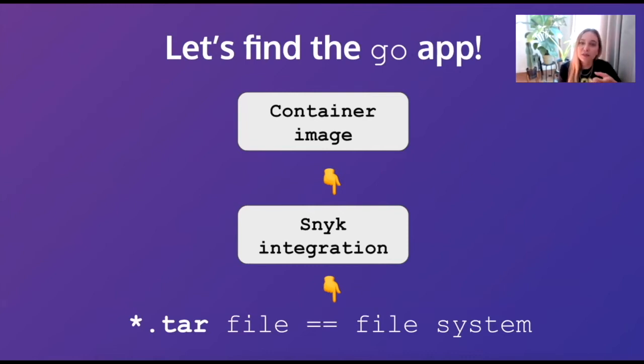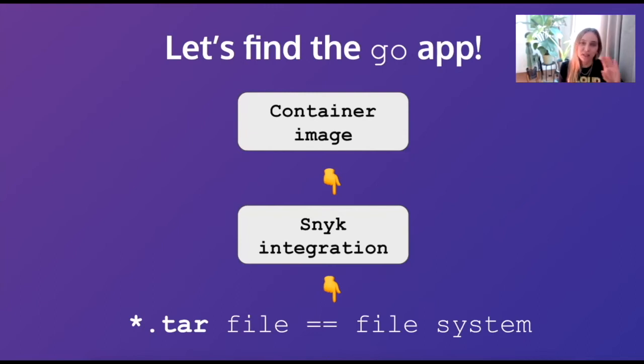I would like to briefly talk about how we actually scan the image. We're touching here on the core of the container scanning in Snyk, which is actually my team's responsibility now. So you have a container image. Maybe it's in your private container registry, maybe it's in Docker Hub, maybe you're running our Snyk CLI in your CI pipeline.